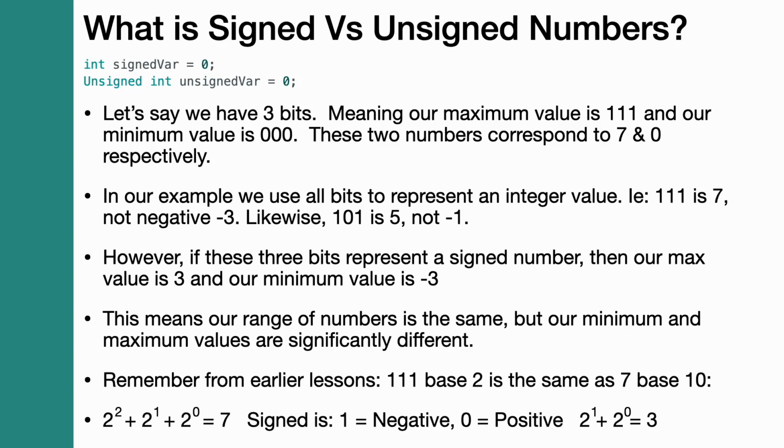And then the leading bit, if it's a 1, it's a negative, and if it's a 0, it's a positive. So here you can see that if we have 3 bits unsigned, our maximum is 7, our minimum is 0. And if we have 3 bits signed, our maximum is 3, and our minimum is -3, right? So if you want to count above 3, you need to make sure that it's not signed, or give it more bits, whatever it may be.